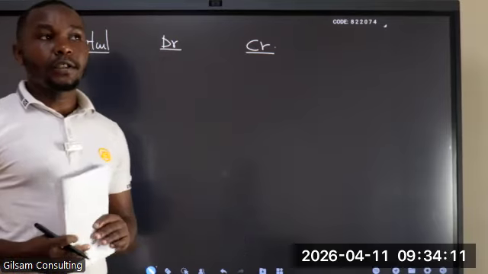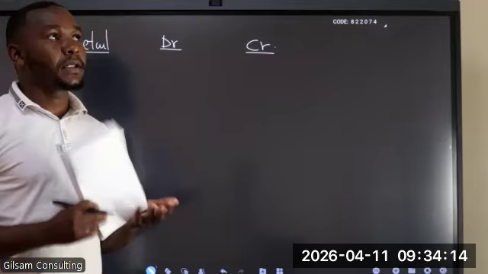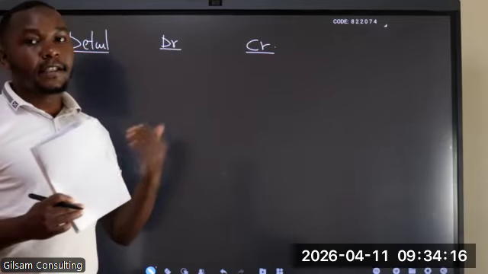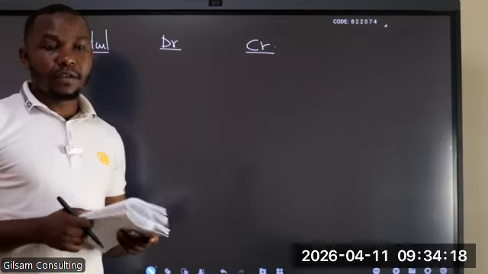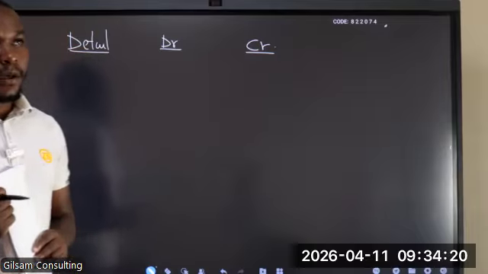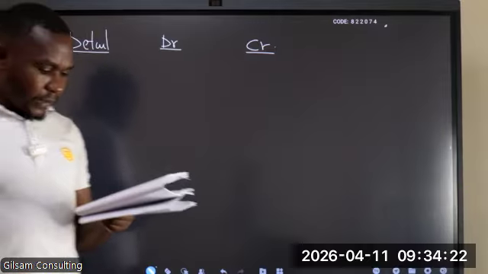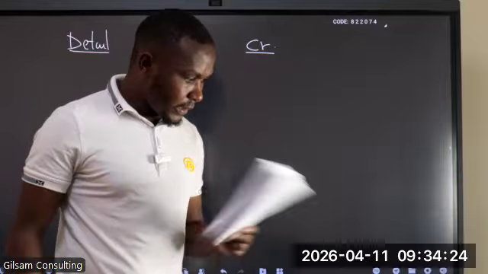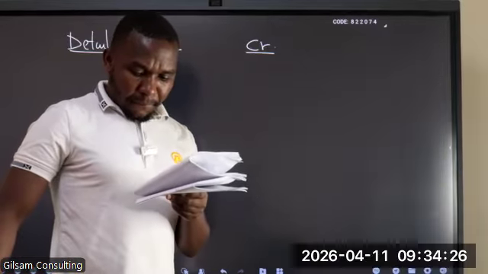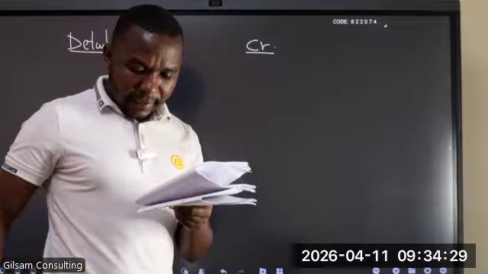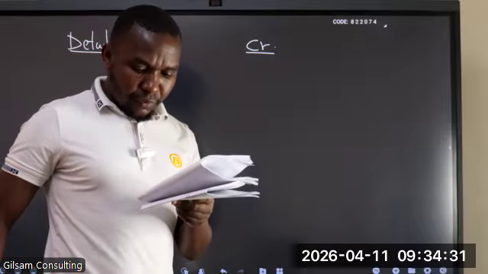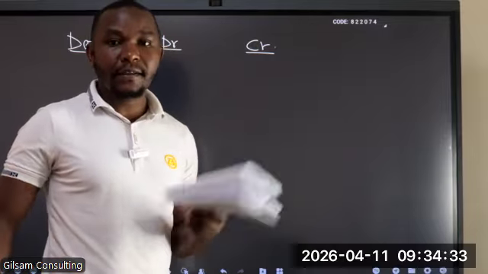Remember, in the cash book, when we do discount allowed, it is on the debit side, but it was posted to the credit side of the discount allowed.